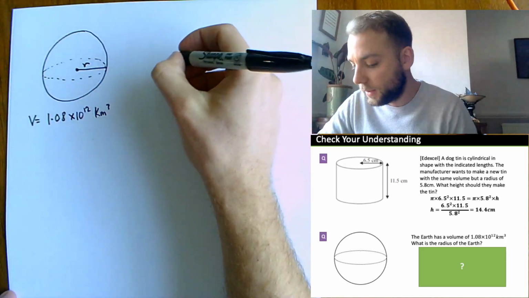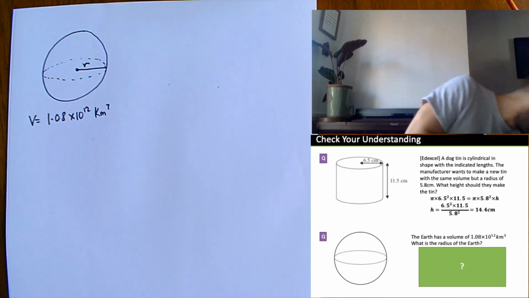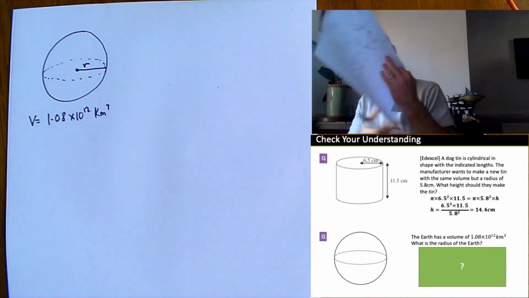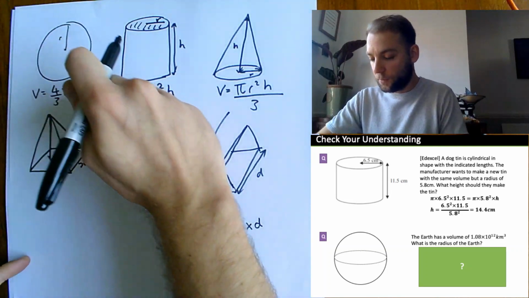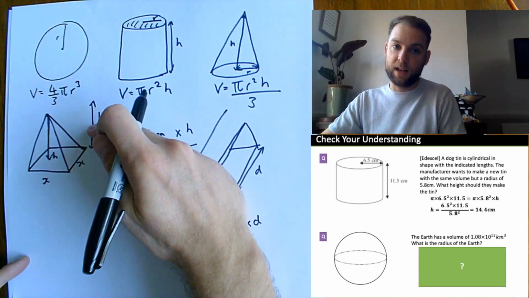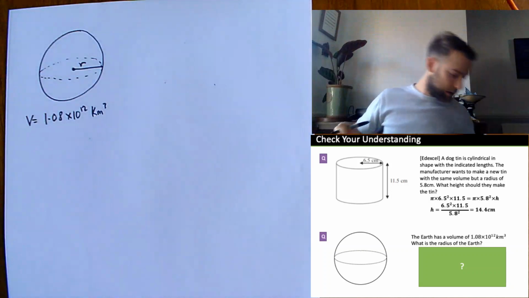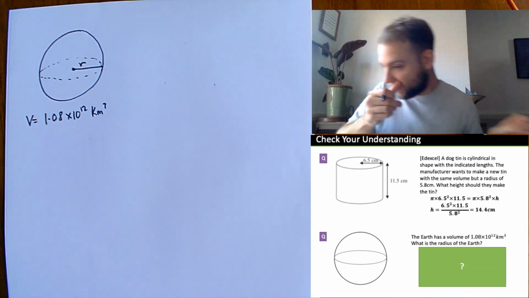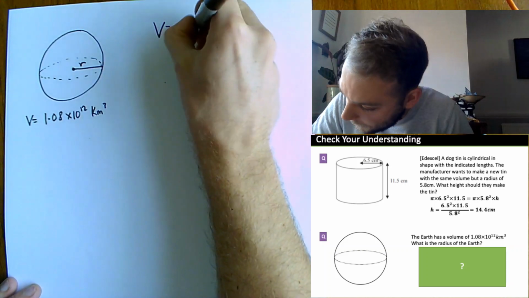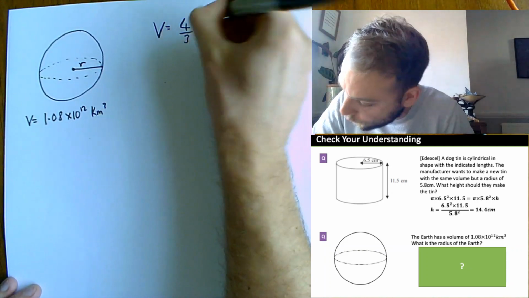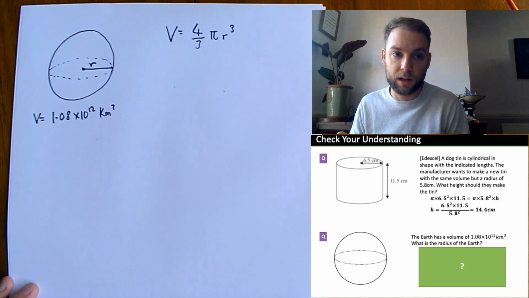So when I'm doing this, same as always, linking back to this one here, I'm going to write down the formula, substitute everything in, and then work backwards. So the formula for the volume of a sphere, volume is equal to 4/3 pi r cubed. That's the formula.